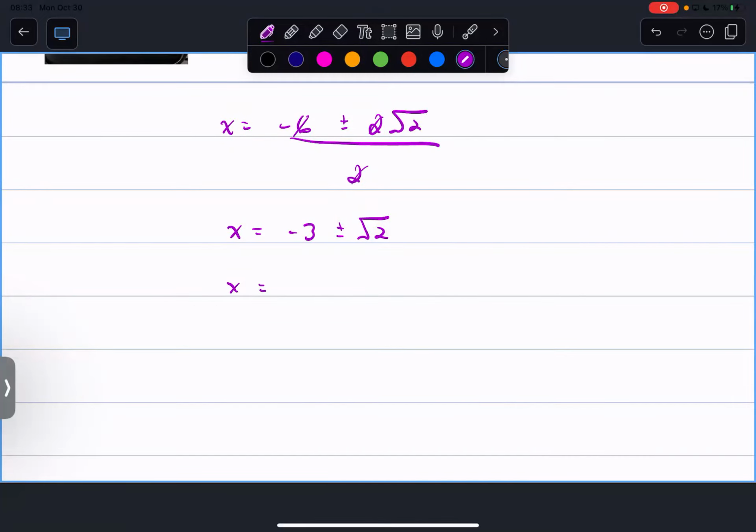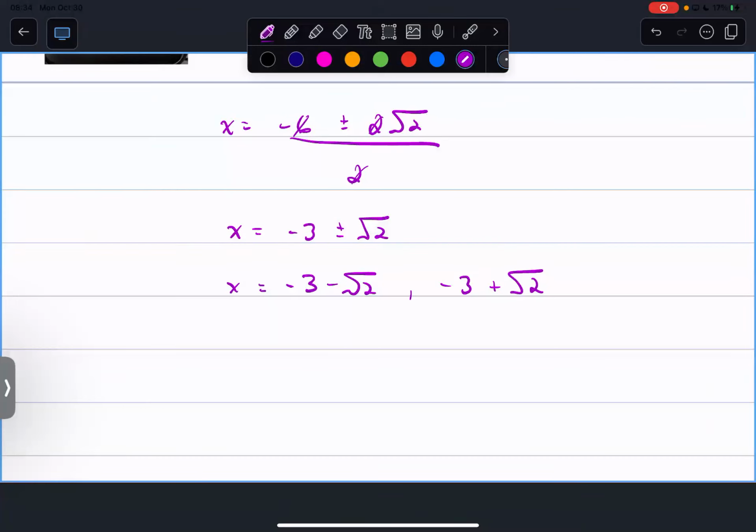But a root with a root, square root. -3 plus, or maybe I'll do the minus first. Minus root 2 or -3 plus root 2. Those are my other roots. Let's see if my calculator can hack it. -3 plus √2.